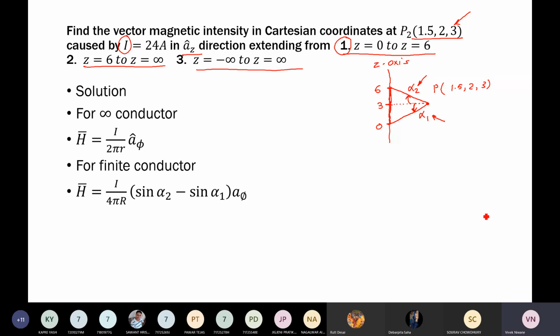So you need to calculate alpha 1 and alpha 2, and put those alpha 1 and alpha 2 into your formula. You have to put them here.